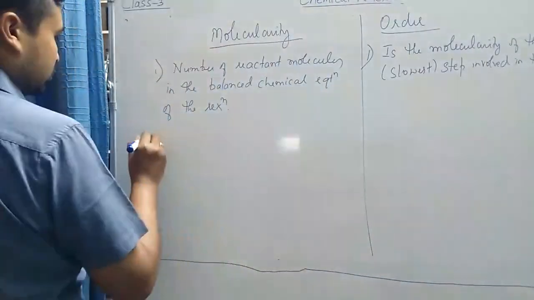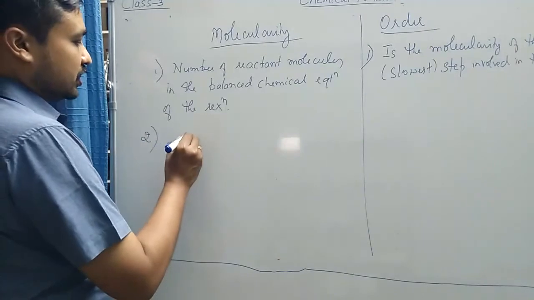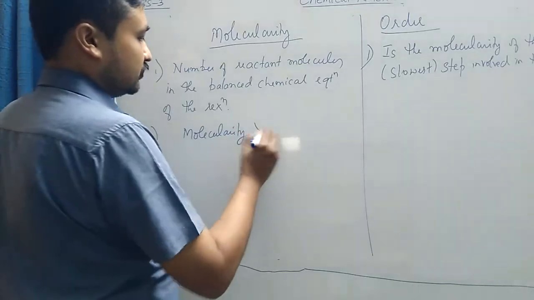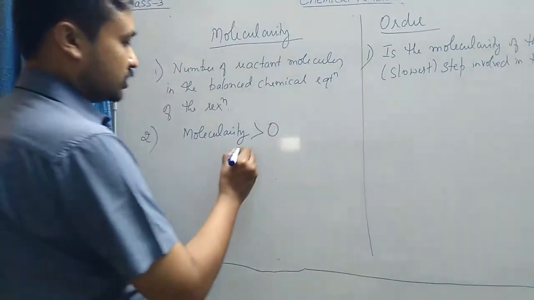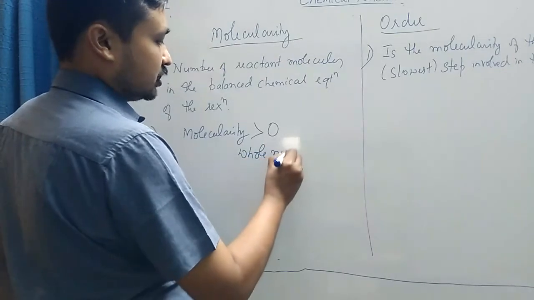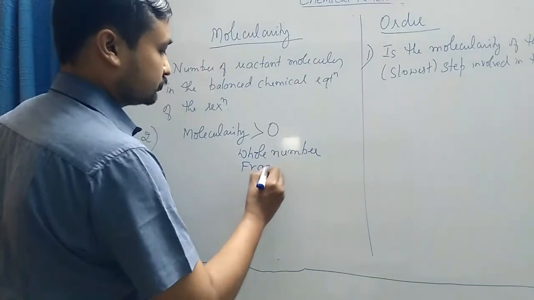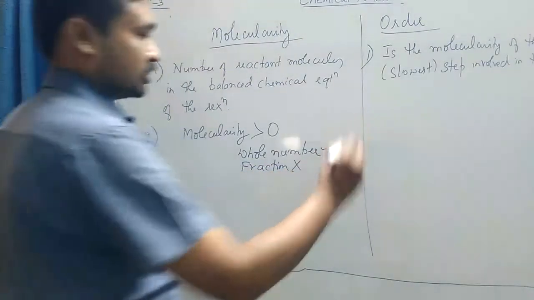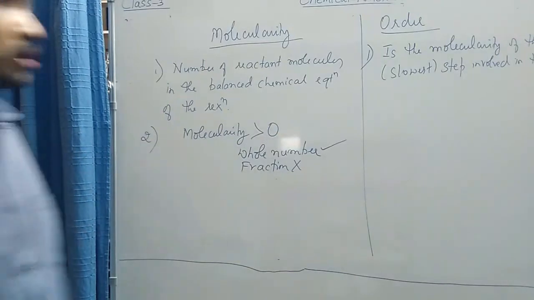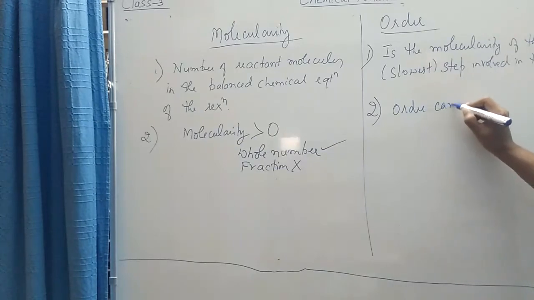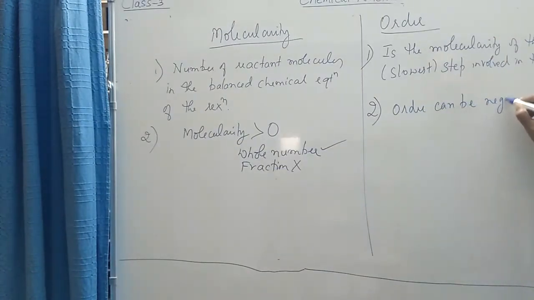The second important difference is the molecularity of the reaction. Molecularity is always greater than 0, and it is always a whole number. It is always an integer. It cannot be a fraction, and it is always positive, greater than 0. Whereas order can be negative or positive.